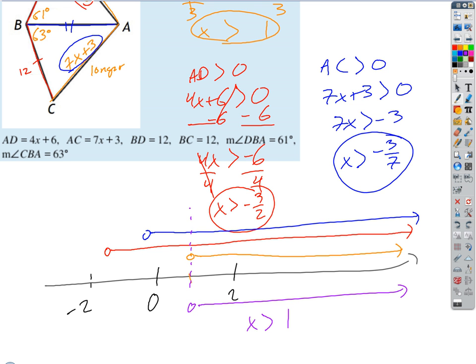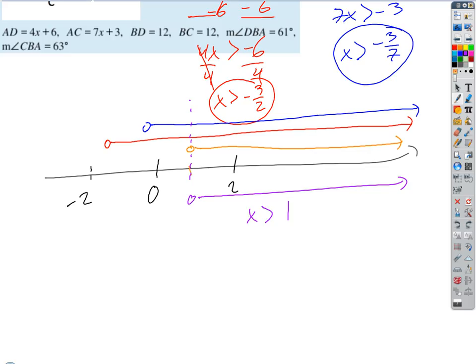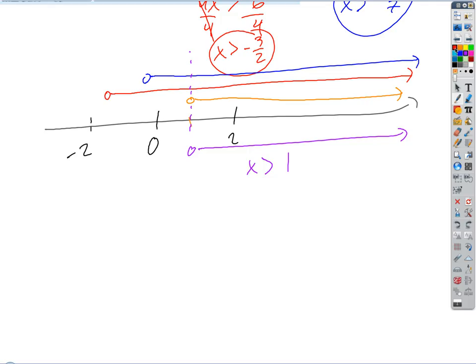It's possible. What would happen if we got an answer like this? What if we solved these 3 inequalities, and let's say we got these answers. What if we got the answer X is less than 1 for our red inequality, and for our blue one, let's say we got X is less than 0, and for our orange one, we got X is greater than 2.